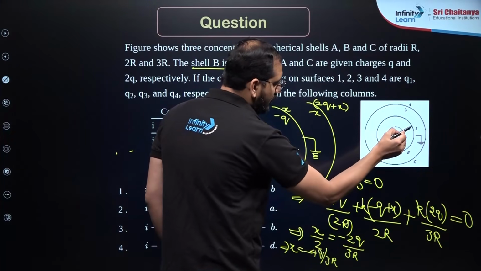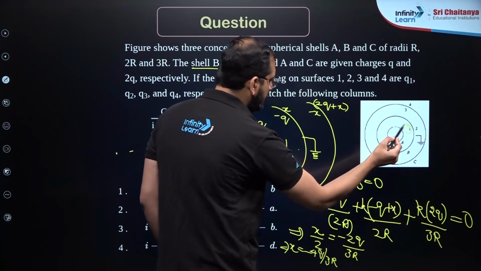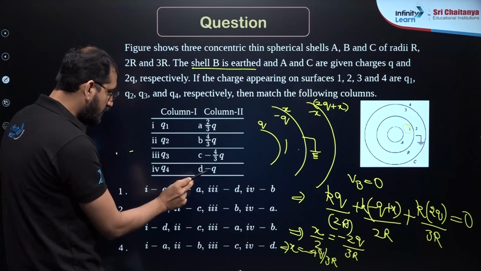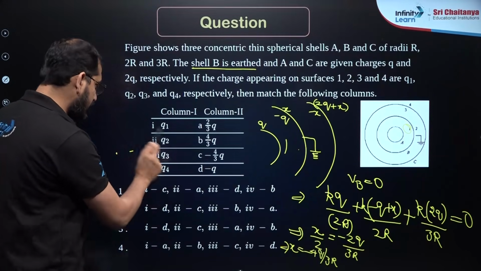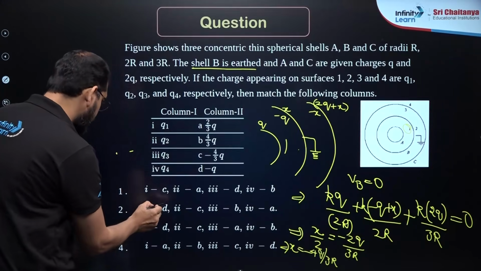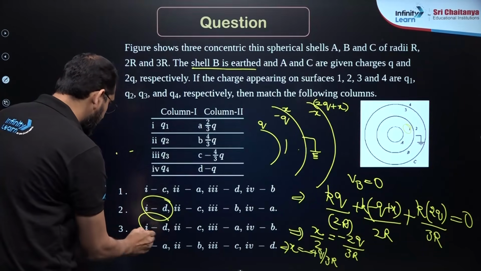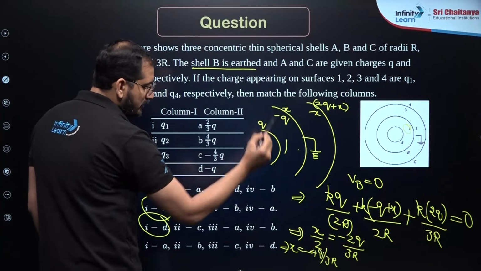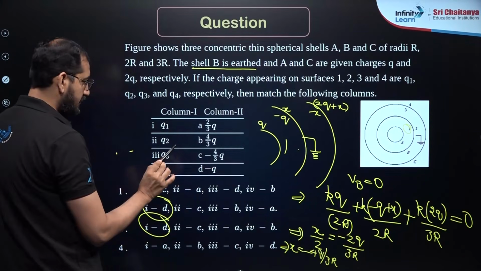As per the drawing over here, this is my charge Q1. Q1 corresponds to minus Q. So for the first, D is matching. Okay, this is the match. The second one, Q2, means X value. X is minus 4Q by 3R.